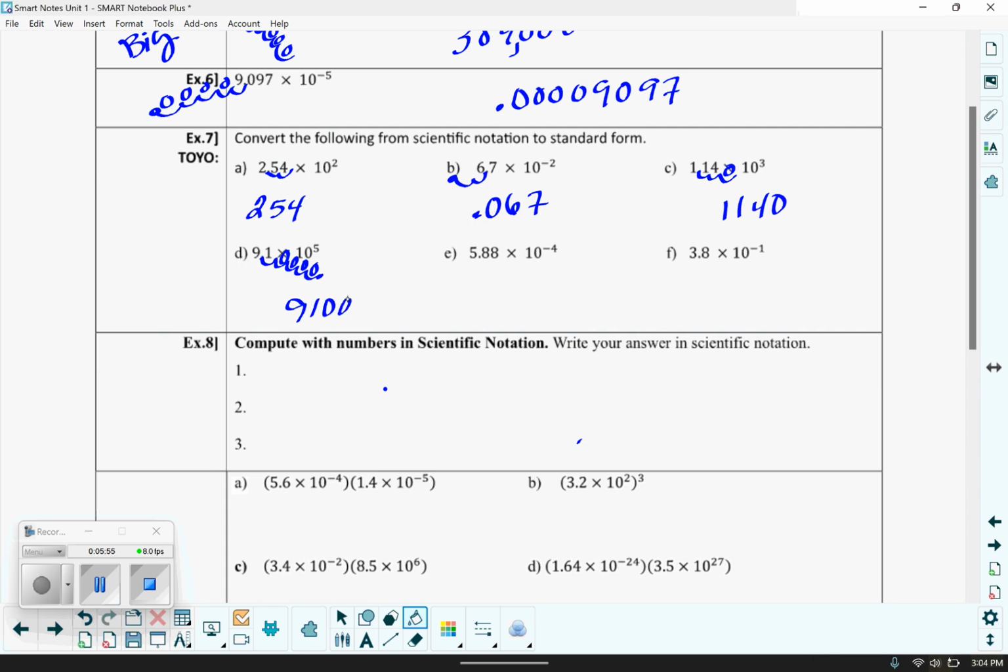So 9, 1, 1. Put a comma there. This one's small by 4, so 1, 2, 3, 4, fill in with zeros. And the last one, smaller by 1, so move your decimal, 0.38.